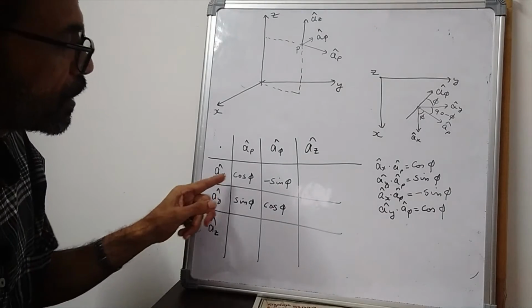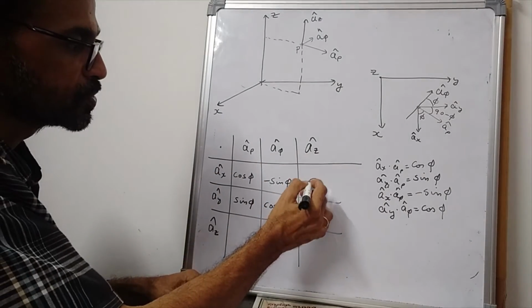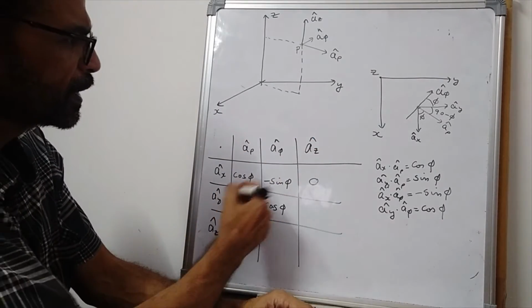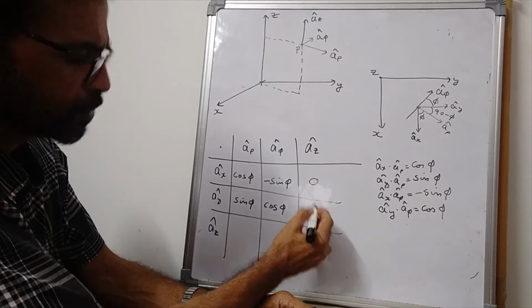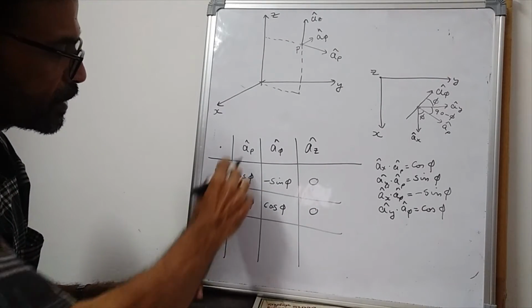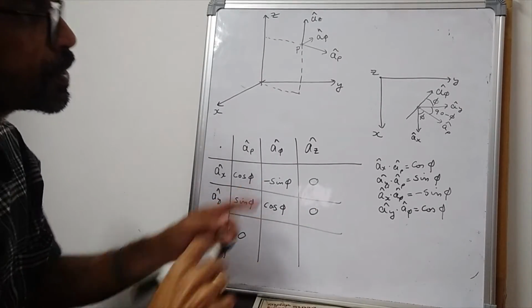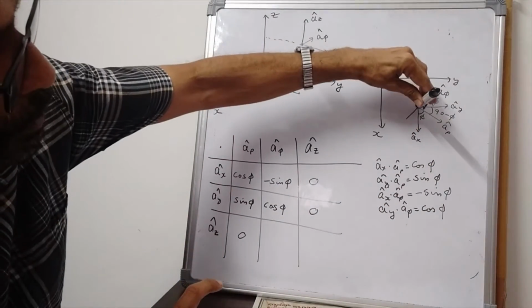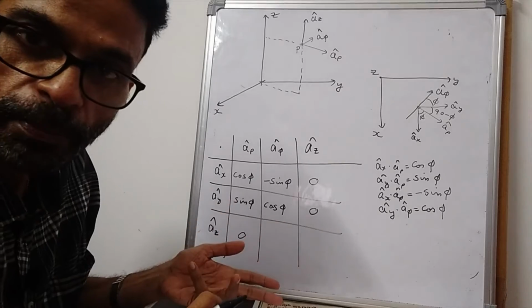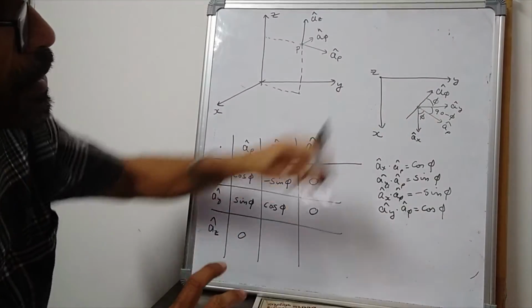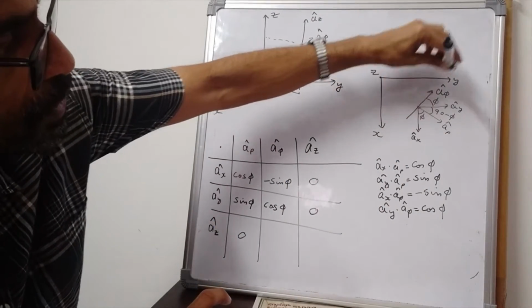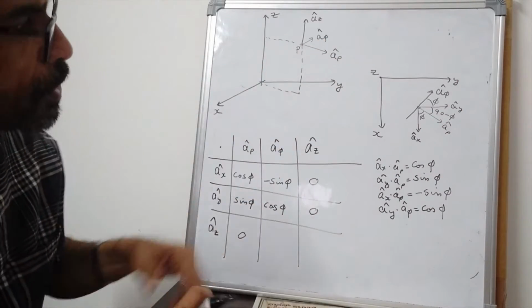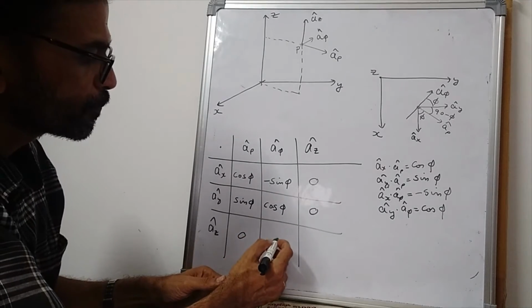And now what remains is ax dot az, which is 0, as you know, because they are perpendicular to each other. Ay dot az is also 0. Az dot a rho is 0 because a rho is this, az is out of the board, so perpendicular to each other, so 0. Az dot a phi, again if you see a phi is there and az is out of the board, so the dot product is 0.